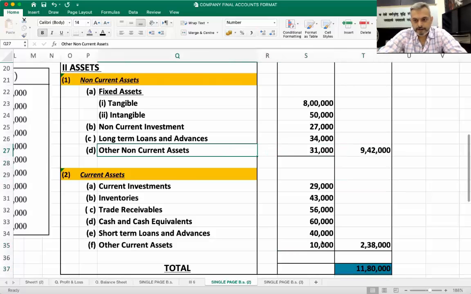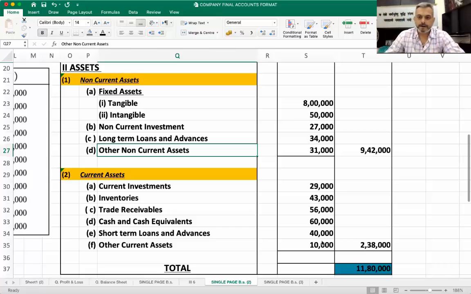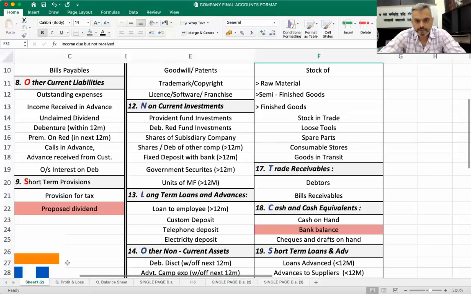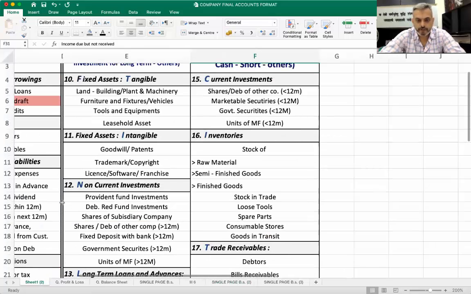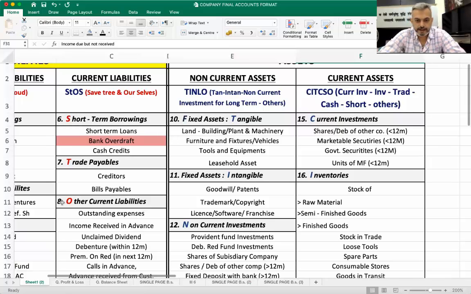Please go through it. And once you are through with this, please go through our format with the details of notes, of details of subheadings, which I've already given you. Go through the asset part once again, and then we go to illustration number 9.